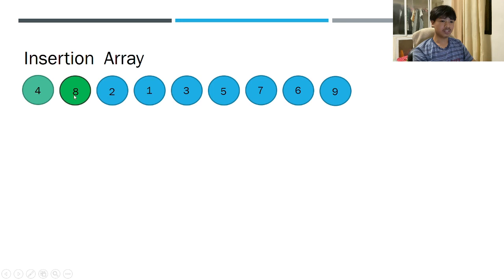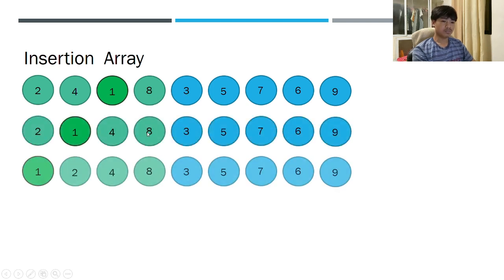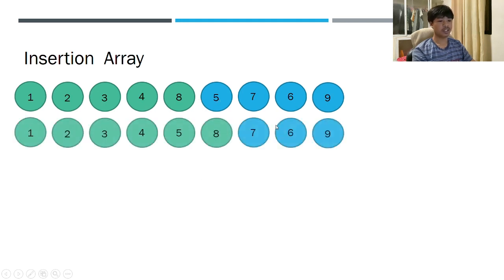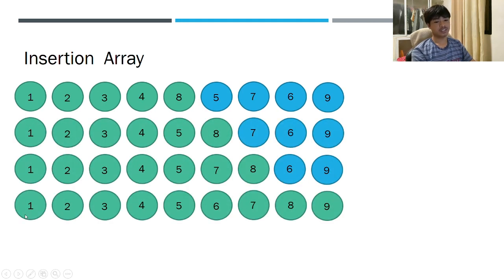Then we have index 1 and index 2, which is 8 and 2. They're going to swap. Index 2 and index 3, they're going to swap again. Index 3 and index 4, which is 8 and 3, they're going to swap, until we reach this point where it is already sorted out.